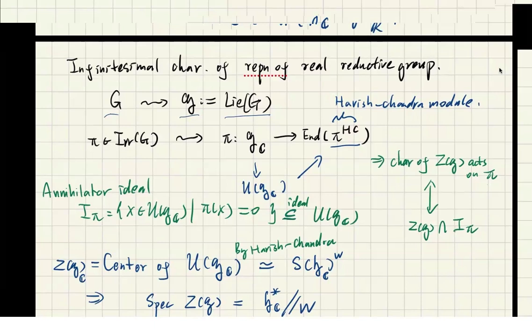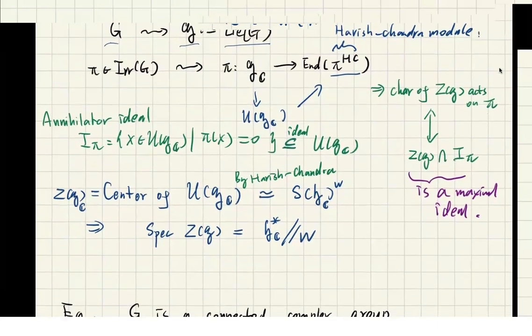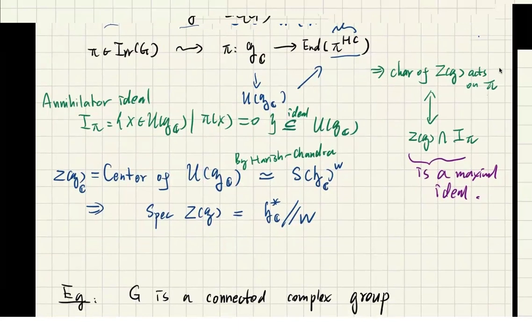So this means that Z_G intersected with the annihilator ideal actually is a maximal ideal of Z_G. So this is a maximal ideal. Okay, so we'll say Z(g_C) is the center of this one.